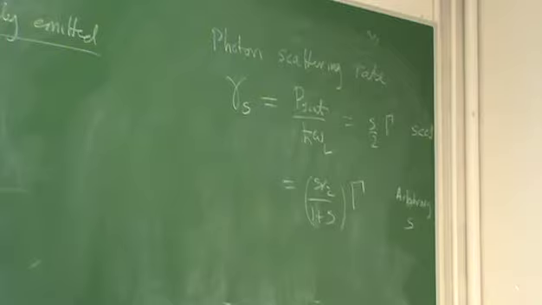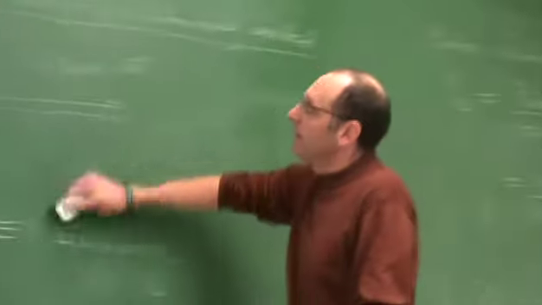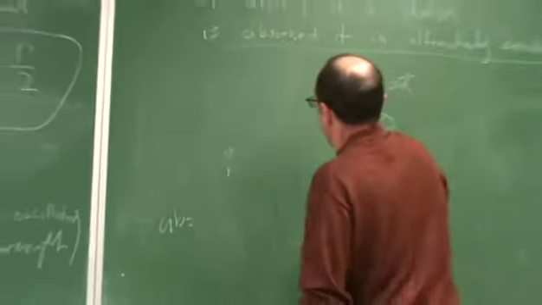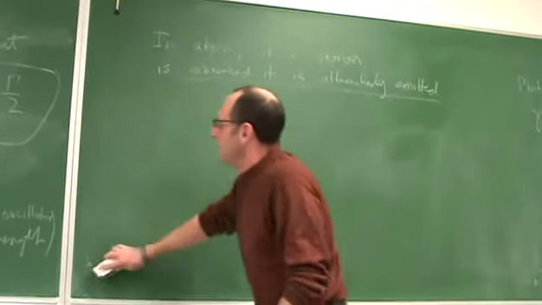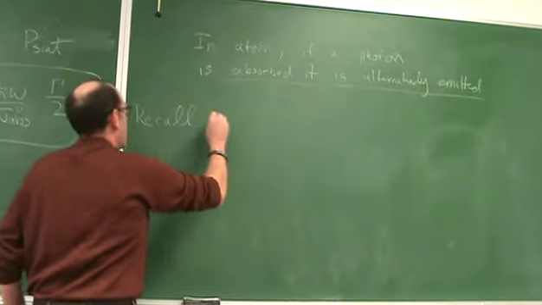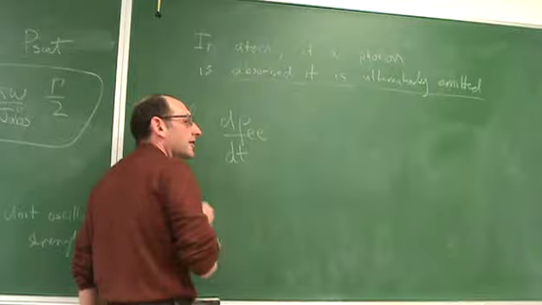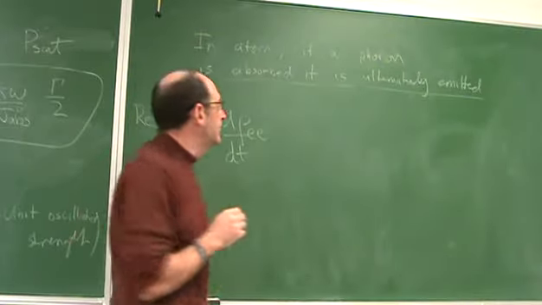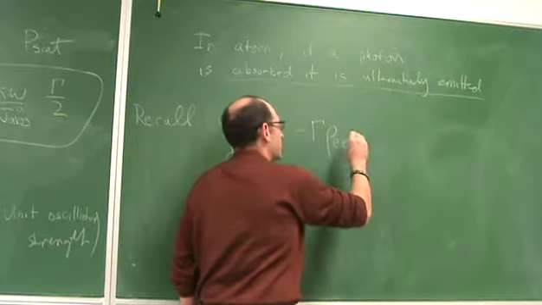How do we see this a little bit more clearly in the optical Bloch equations or the rate equations? So recall, we had from the optical Bloch equations or the master equation, the rate of change of population in the excited state was given by minus gamma times this population.